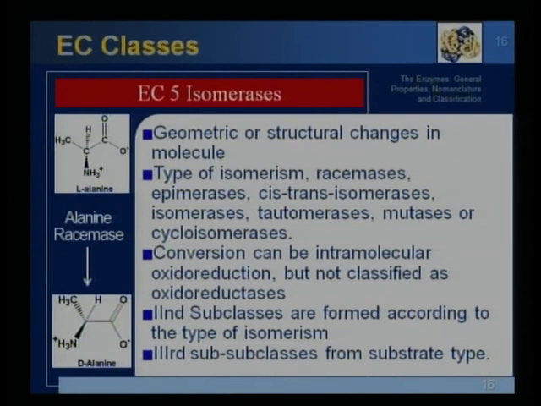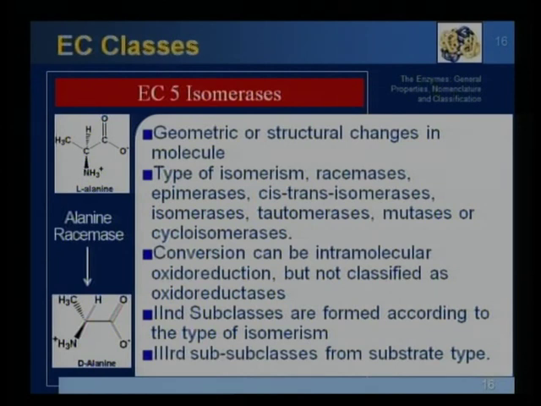Different types of isomeric activities and isomeric enzymes are there. Some are carrying out racemic conversion, they are known as racemases. There are epimerases which convert between epimers, and there are cis-trans isomerases which are able to convert cis to trans or trans to cis patterns.